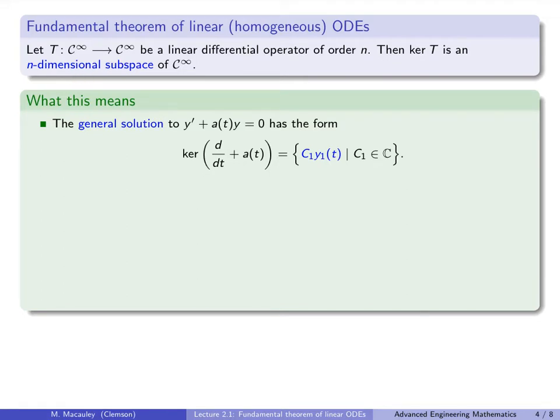So if it's one-dimensional, that means it has a basis consisting of a single element, aka a single function. So that means that the general solution is all scalars c1 times some function y1 of t. So in other words, find any function that solves this, and then just multiply that by a constant, and that is the set of all solutions.